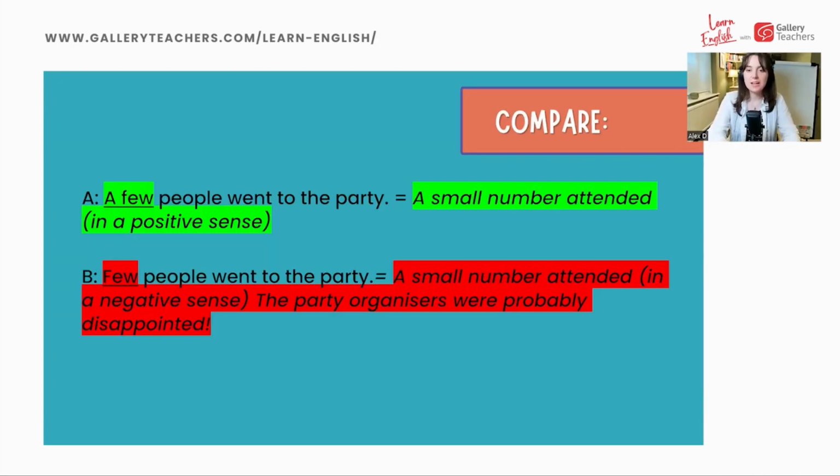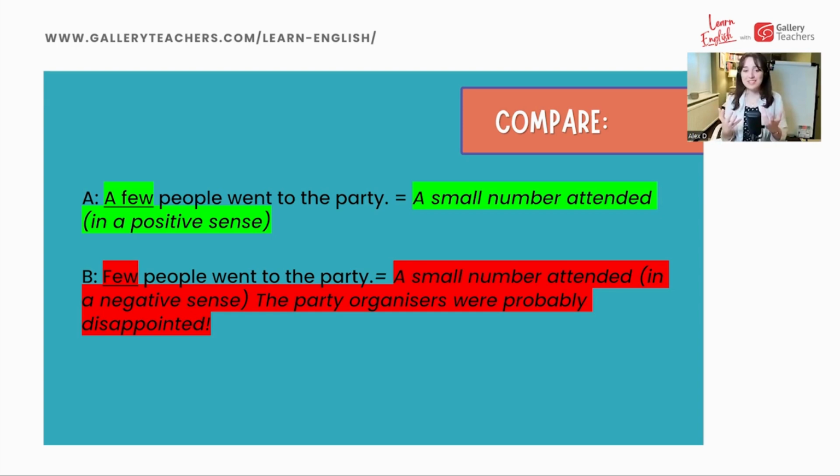So there we go. Let's compare. So here are two, they look similar sentences, but the connotations are different, okay? So positive and negative. Person A: a few people went to the party. Now that means a small number. Some attended the party in a positive sense.